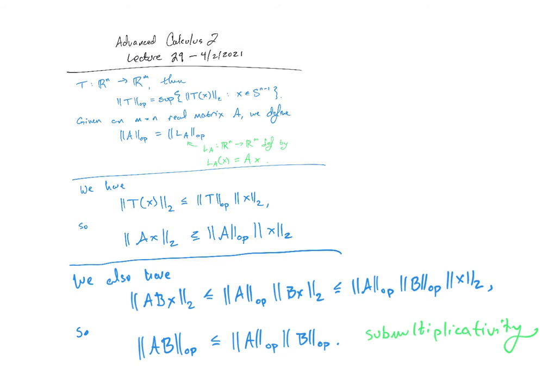Any questions so far? So, to this point, we've only looked at operators that are going from Rn to Rm, but just looking forward, the derivative and integral are linear operators.